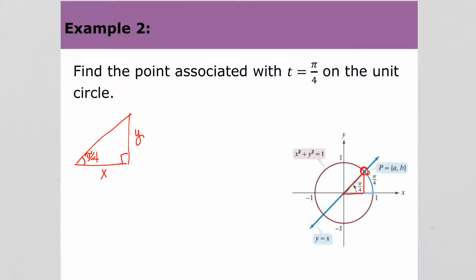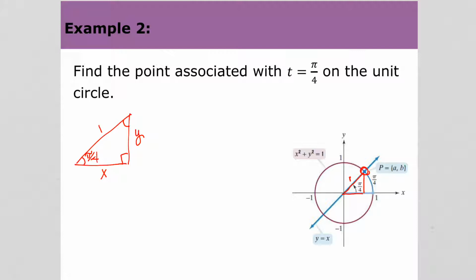We know, since this is on the unit circle, that the radius is 1. So the hypotenuse of this triangle is 1. Since this angle is pi over 4, then this angle is also pi over 4. Remember, pi over 4 is 45 degrees. And so if that angle is 45 degrees and this angle is 90, 90 minus 45 makes the other angle 45, excuse me.